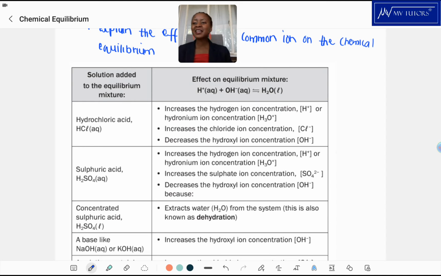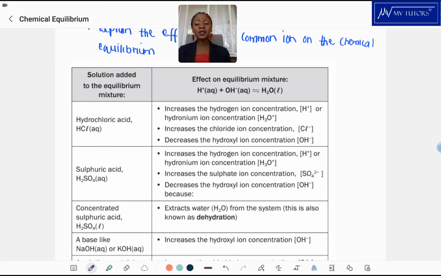If you were to add sulfuric acid as well, it would increase the hydrogen ions, increase the sulfate ion concentration, but decrease the hydroxyl ion, because you're adding an acid, which decreases the pH. So your base would decrease. Hence, in both examples, the hydroxyl ion is decreasing.